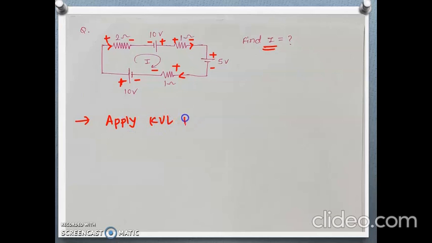Apply KVL to the given loop. Let's start from here at this point and come back to here only. Negative to positive, so potential rise, plus 10. Then positive to negative is a drop, so minus voltage across 2 ohm, and from here negative to positive is a rise, so plus 10.